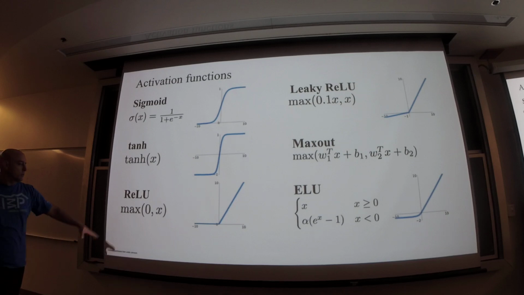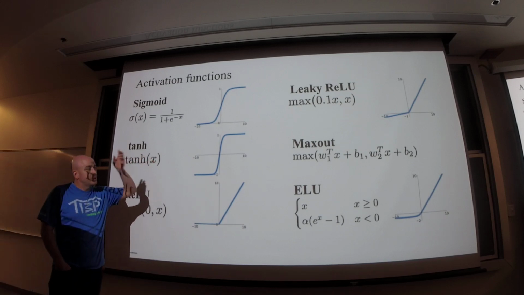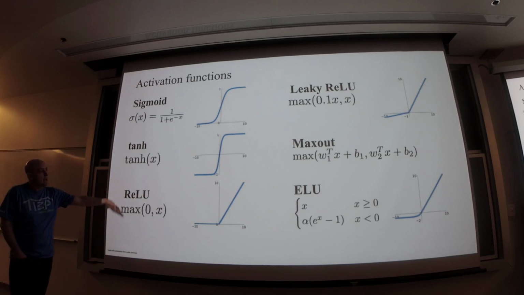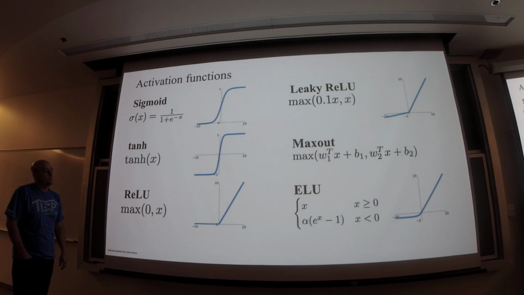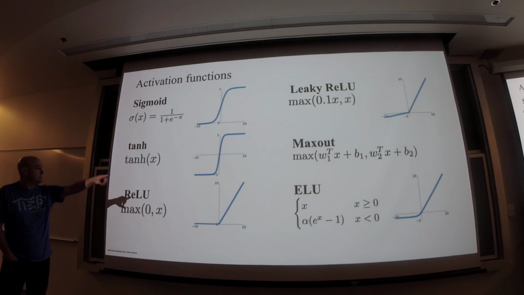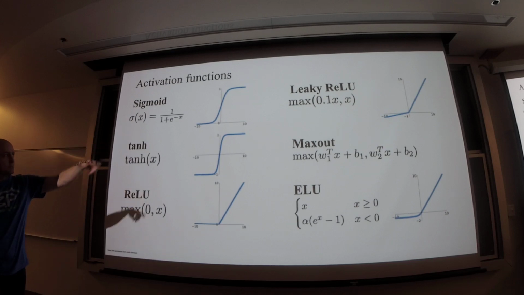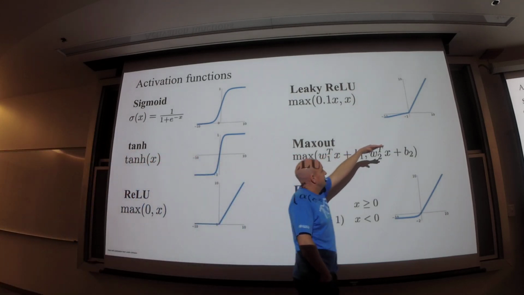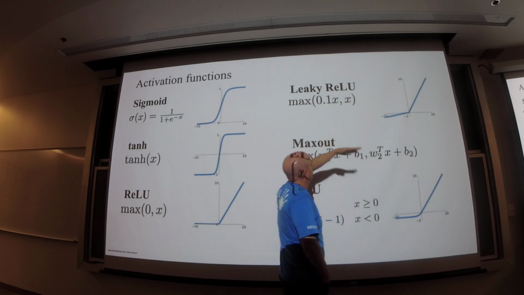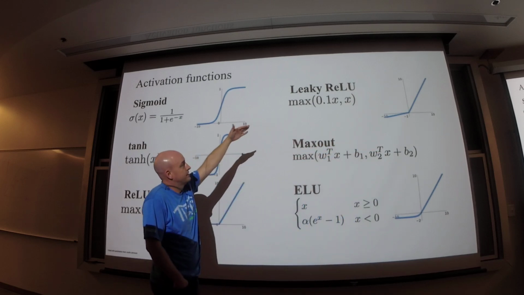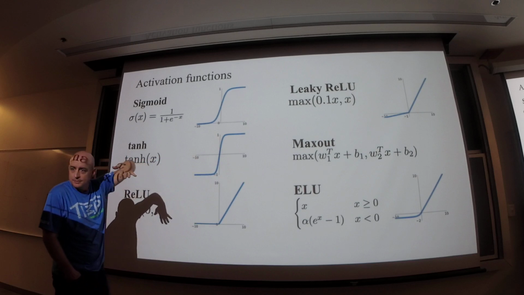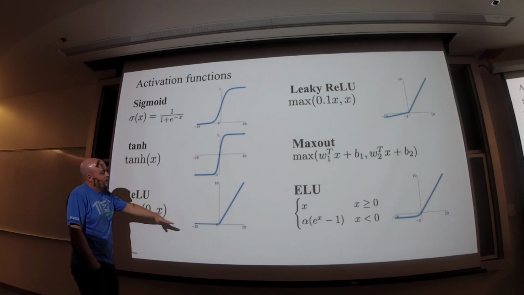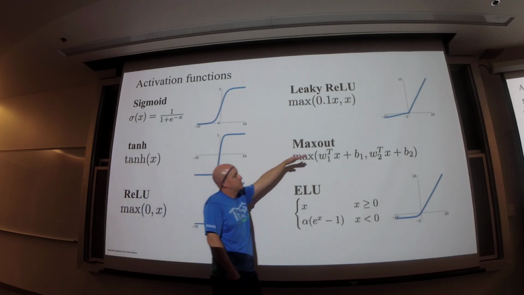And to get around some of the undesirable ones, other related activations were created. Another one is known as the Leaky ReLU. It's leaky because instead of it just being 0 when x is negative, it actually has a shallower slope. So instead of the derivative here being 0, it has a small derivative.